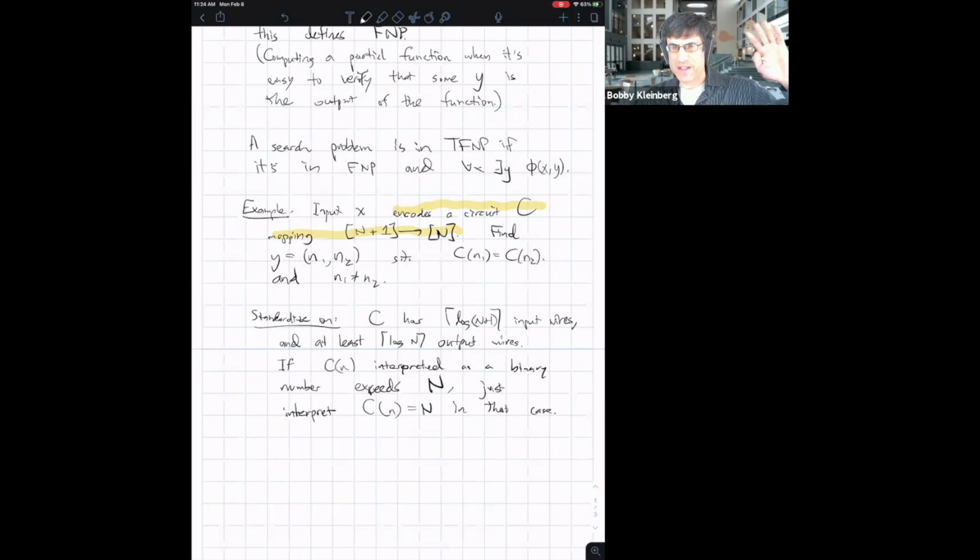Okay, so in other words, even if a circuit is mapping a domain whose size is a power of 2 to a domain whose size is another power of 2, I can always just truncate the range of the circuit down to any integer range that's not a power of 2 by saying numbers outside the range map to the largest element of the range.